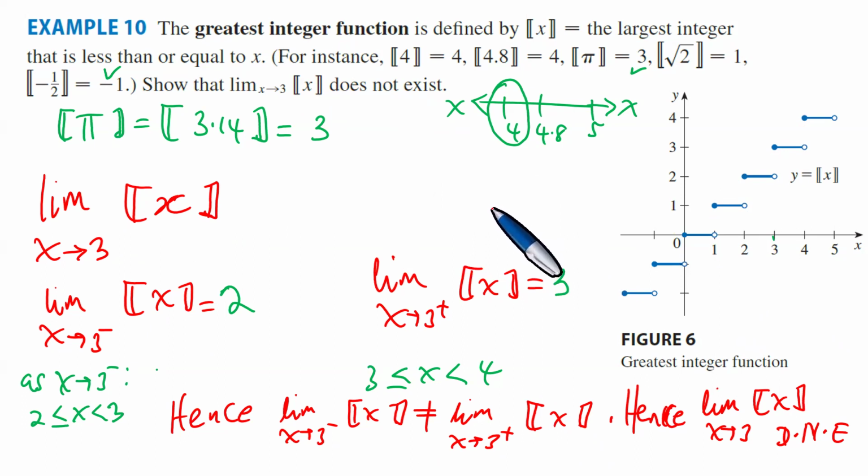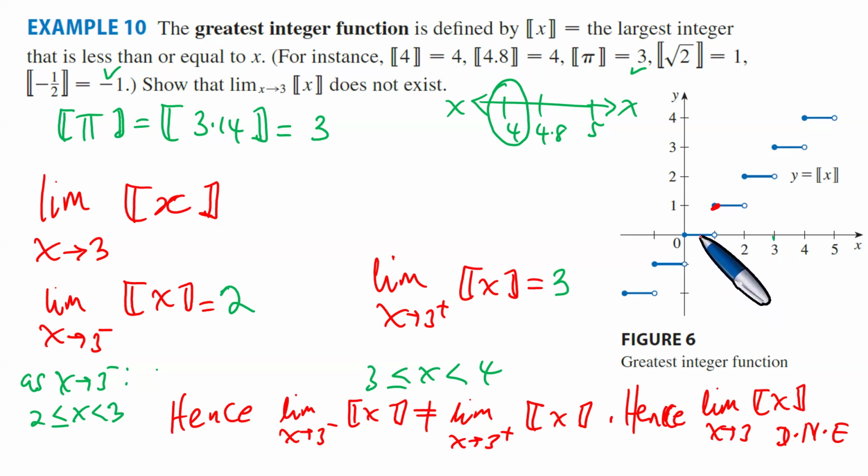What is key is that whenever x is 0, the function is 0. Whenever x is 1, the function is also 1. At 1, it is not 0, it is 1. That's why it is open here.